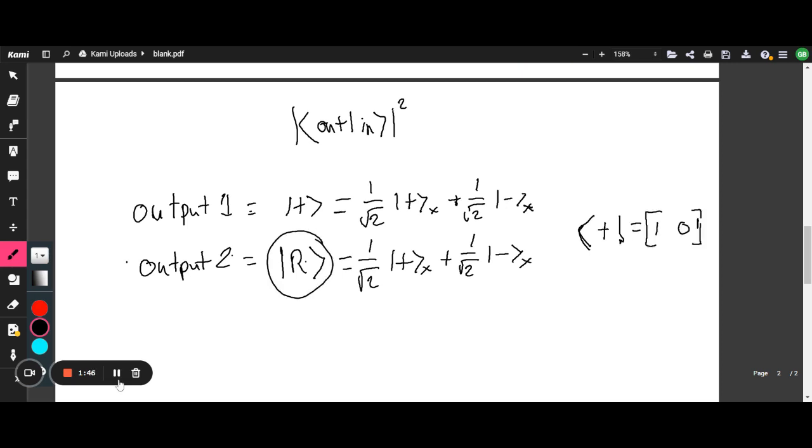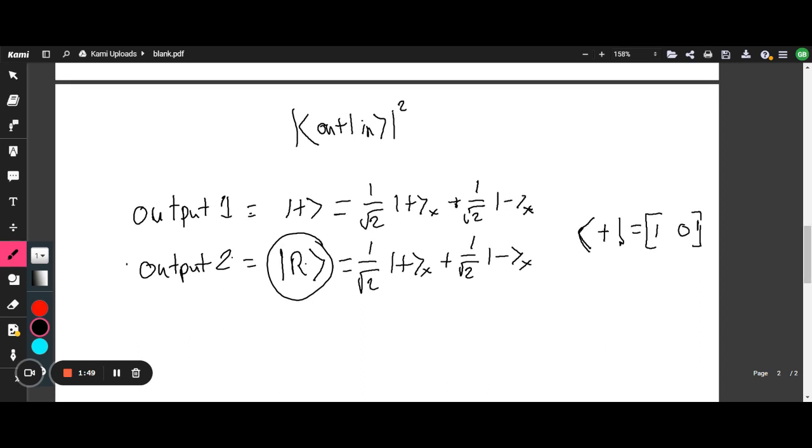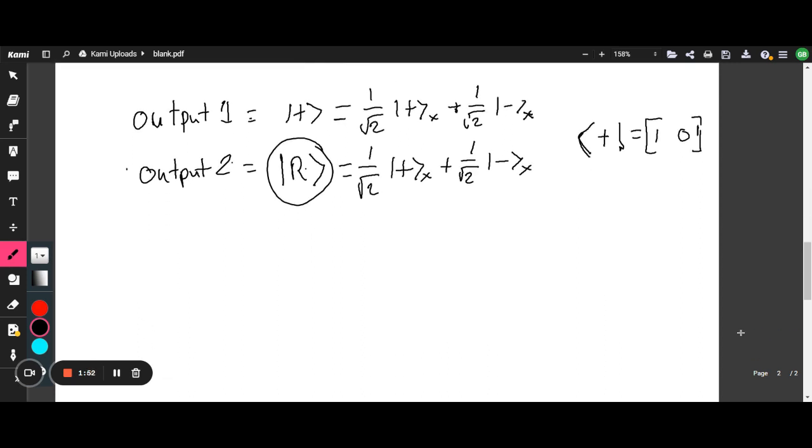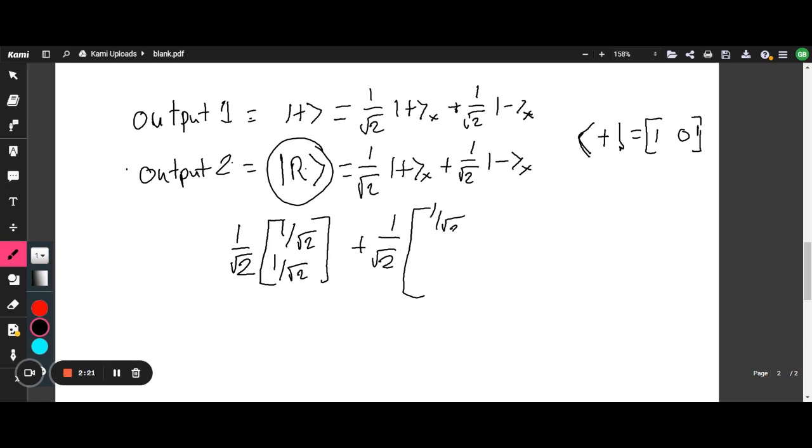So let's represent R in its matrix form. To do that, let's just expand out this equation. So 1 over square root 2 times spin up in the x direction. As we previously have defined it, it is 1 over square root 2, 1 over square root 2, plus 1 over square root 2 spin down in the x direction, which we found in the last video to be 1 over square root 2, negative 1 over square root 2.